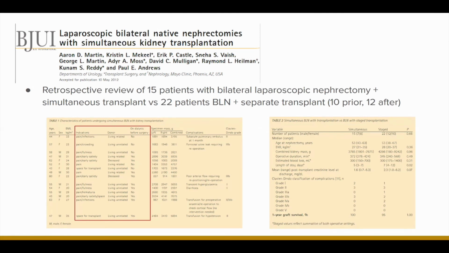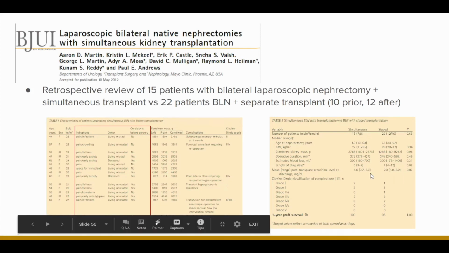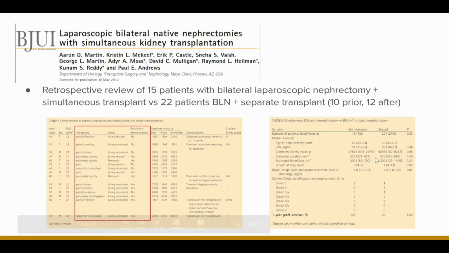However, when we look at the results of these two cohorts, we have to take into account that the staged cohort here, their operative details reflected both operative settings, whereas the simultaneous was just the one. But it showed that in this study, with more reasonable operative outcomes, the operative duration was quite similar.